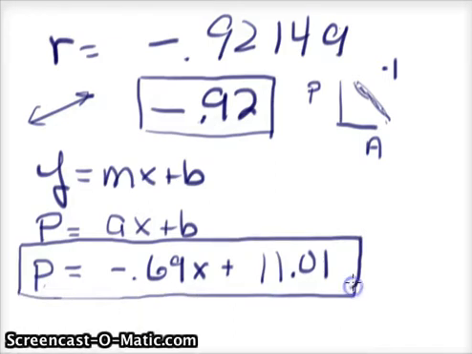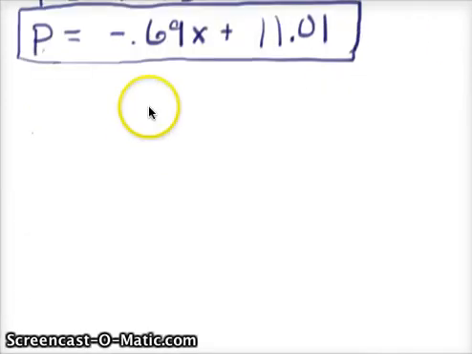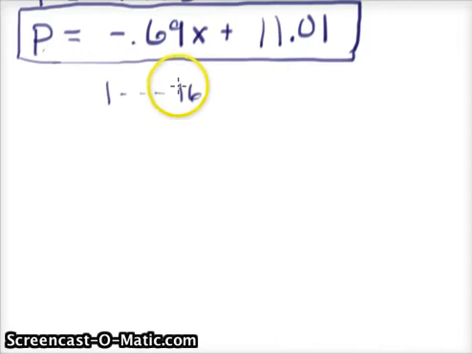What does it mean? That's the most important thing that we need to be looking at right now. So what this means is as the years go up, 1 all the way over to 16, our value on the test goes down by 0.69 or maybe close to 0.7.